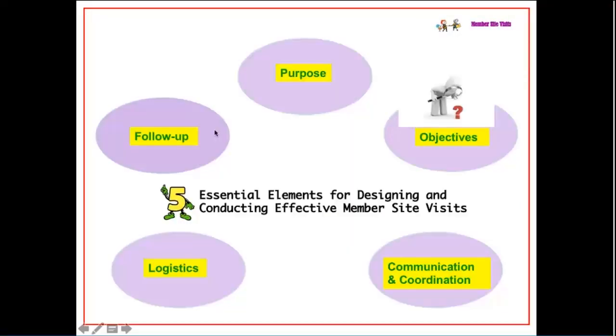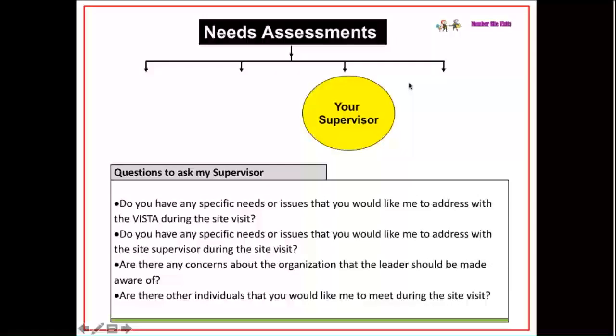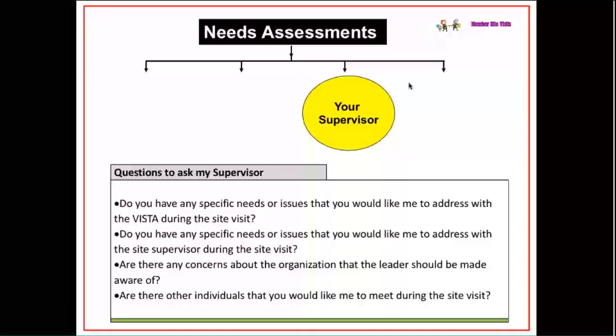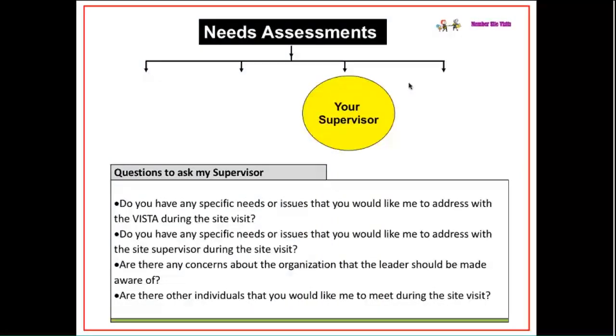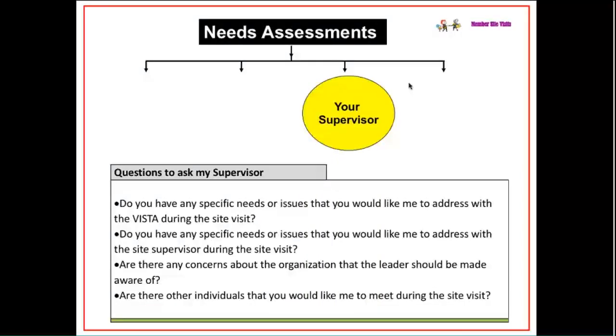Okay, so then our fourth part is, as we said, anybody else, right? If there are other stakeholders, we are not going to look at the questions because it will depend on who the other stakeholders are that we will be visiting. So let's say, for example, if a member is assigned to a site, to an organization, then there is the member site supervisor, who we talked about.